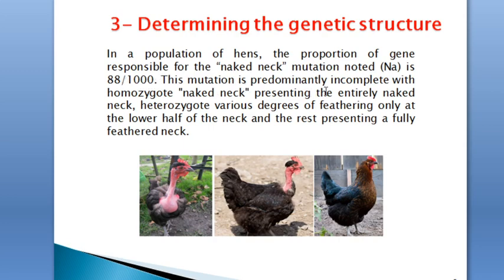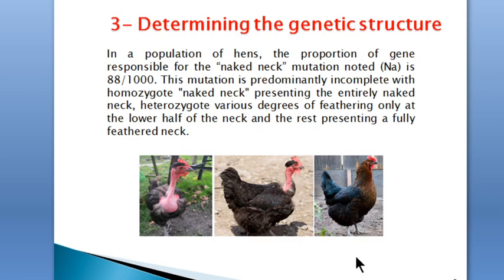This mutation is predominantly incomplete, with homozygote naked neck presenting the entirely naked neck as here presented, the heterozygote presenting various degrees of feathering only at the lower half of the neck as here presented, and finally the rest of the population fully feathered on the neck and on the body.